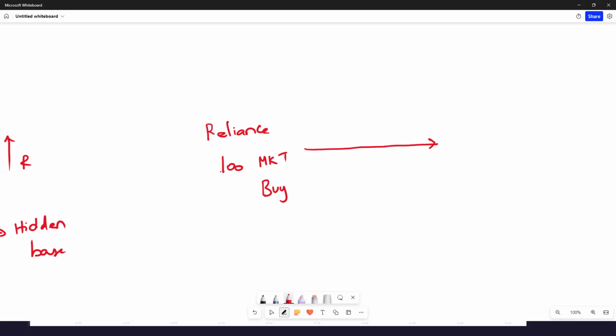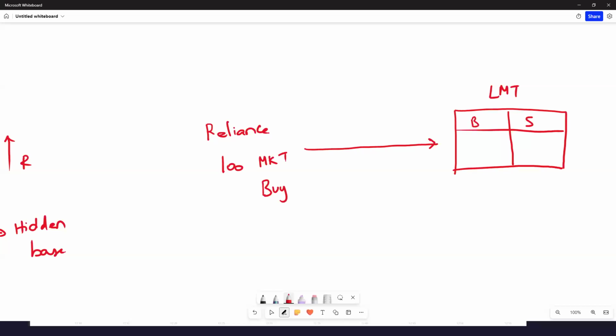When I am transmitting the order to the exchange, the exchange will have the order book. It will have its order book table. This table will have limit orders, with a buy side and a sell side.